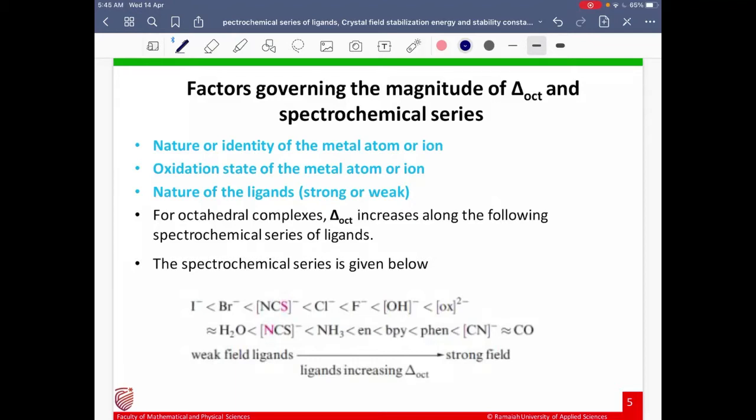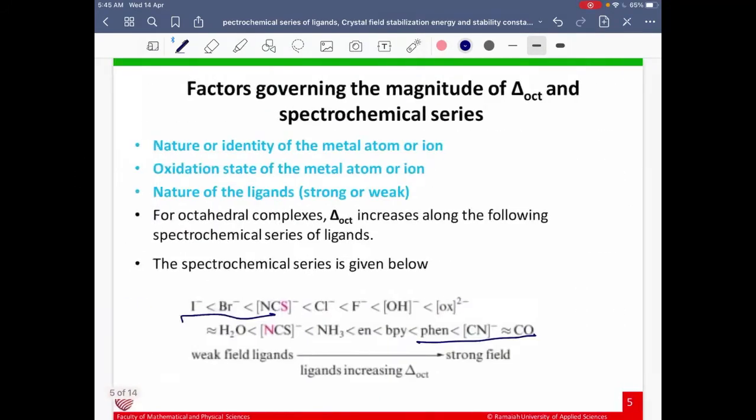For octahedral complexes, delta octahedral increases along the following spectrochemical series of ligands. Based on the nature of the ligands, we can make a spectrochemical series where the ligands are arranged in increasing order of their strength. So weak field ligands are on this side and strong field ligands are here.